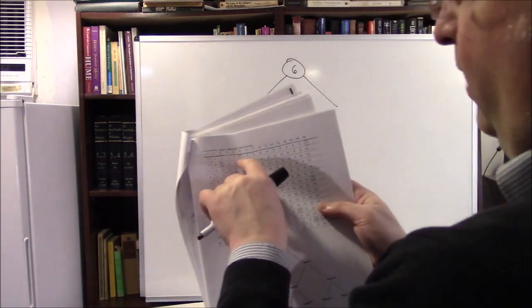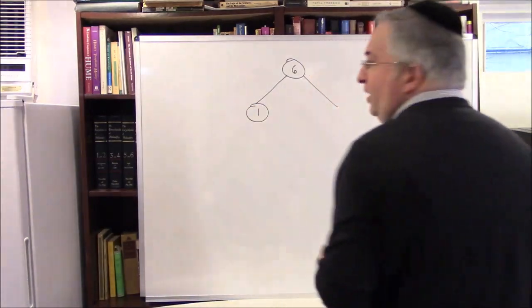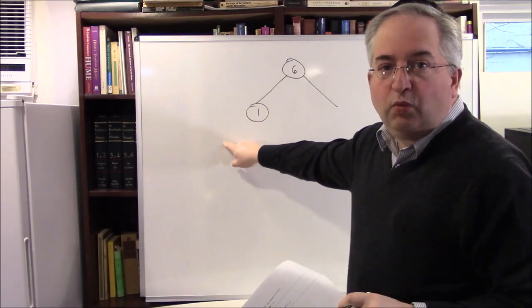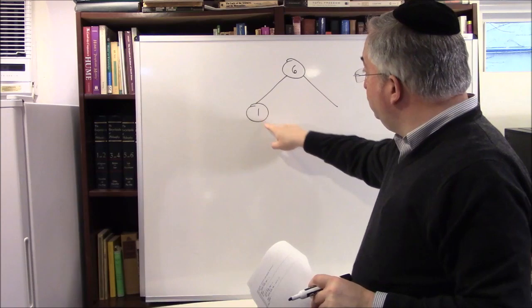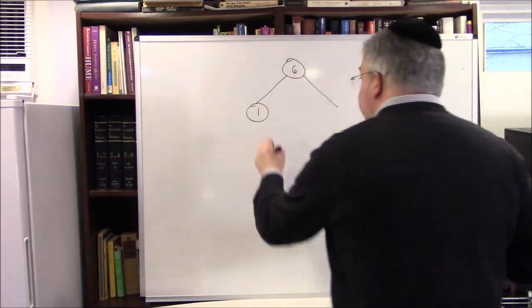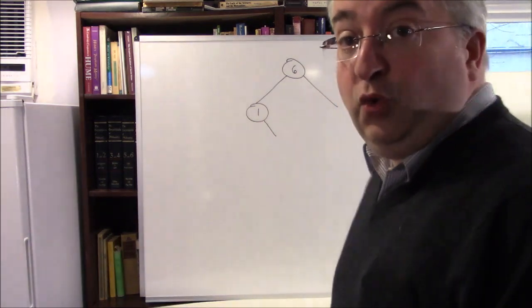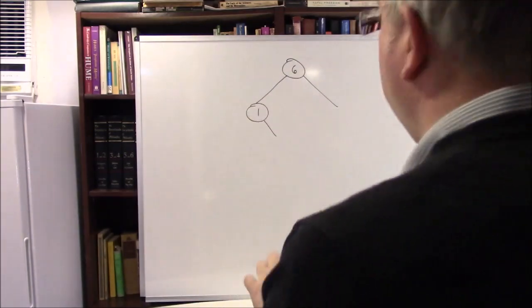From 1 to 5, the root is 1. Great. Okay. This does not have any left children because there's nobody before 1, but there are numbers from 2 to 5. So this is going to have a tree from 2 to 5. Question, who's the root from 2 to 5? So you go 2 to 5, the root is 3.